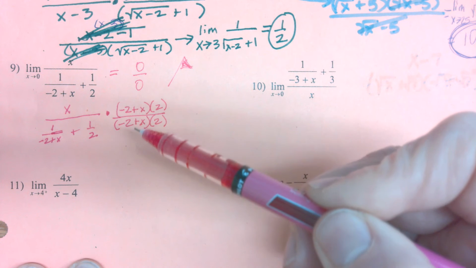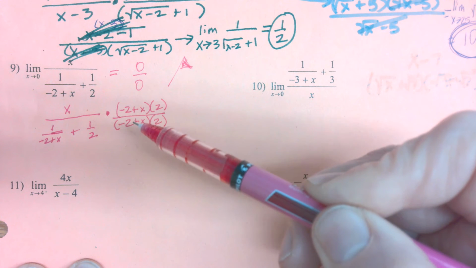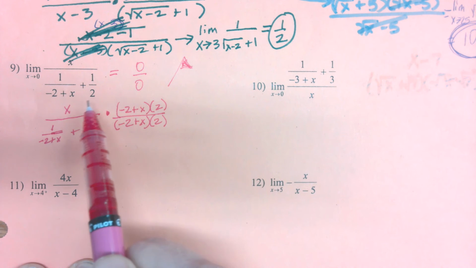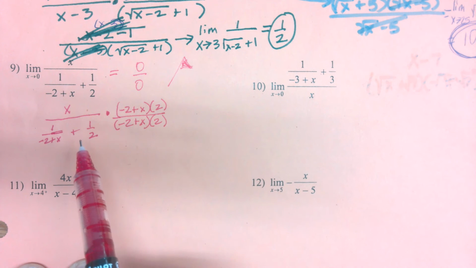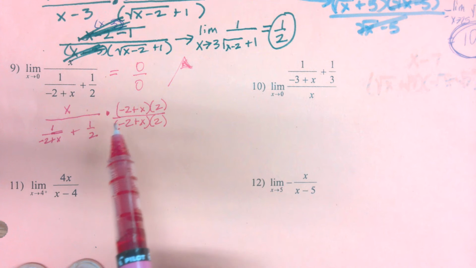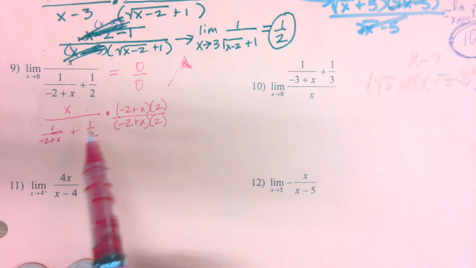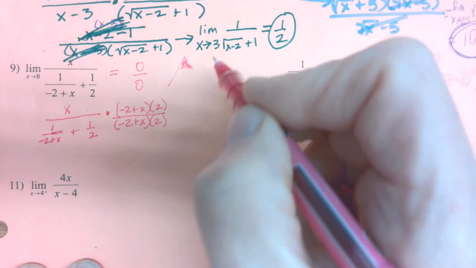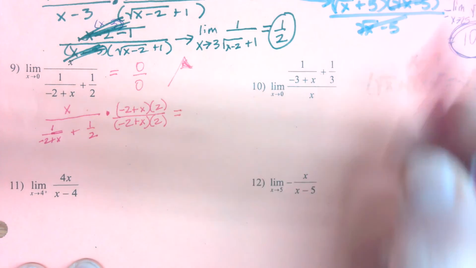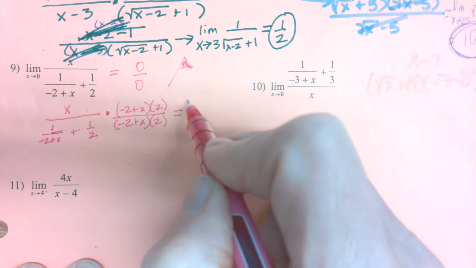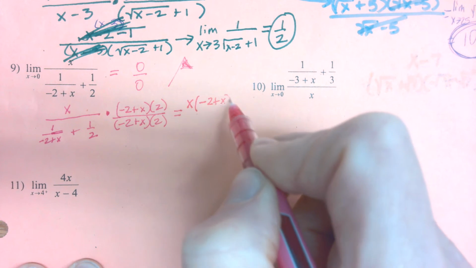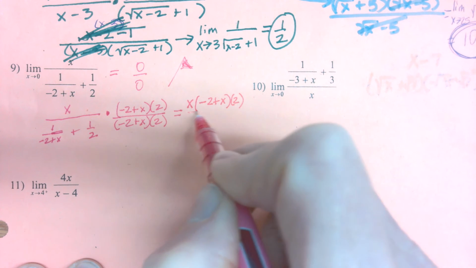Again, multiplying it by 1, but in doing that, multiplying by the common denominator on the top and on the bottom, what I'm able to do is cancel out the denominators on the bottom. So this is going to be rewritten as x times negative 2 plus x times 2 on the top.